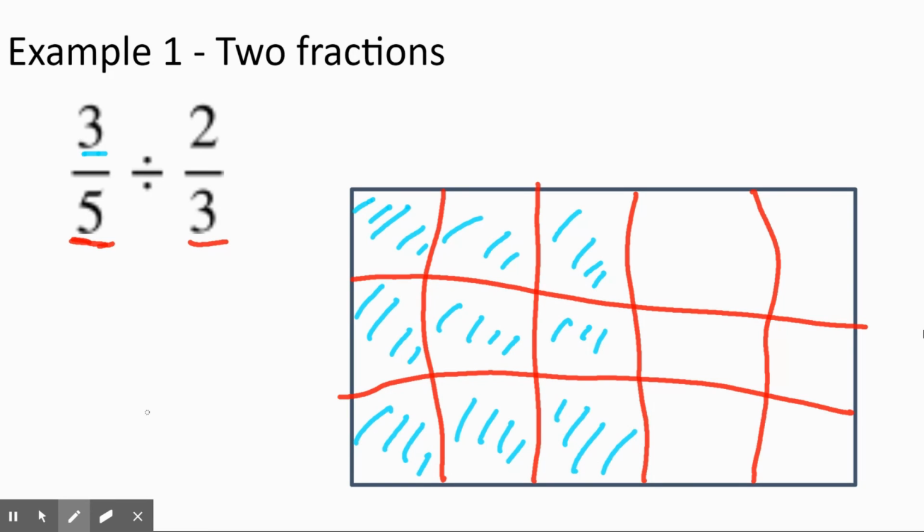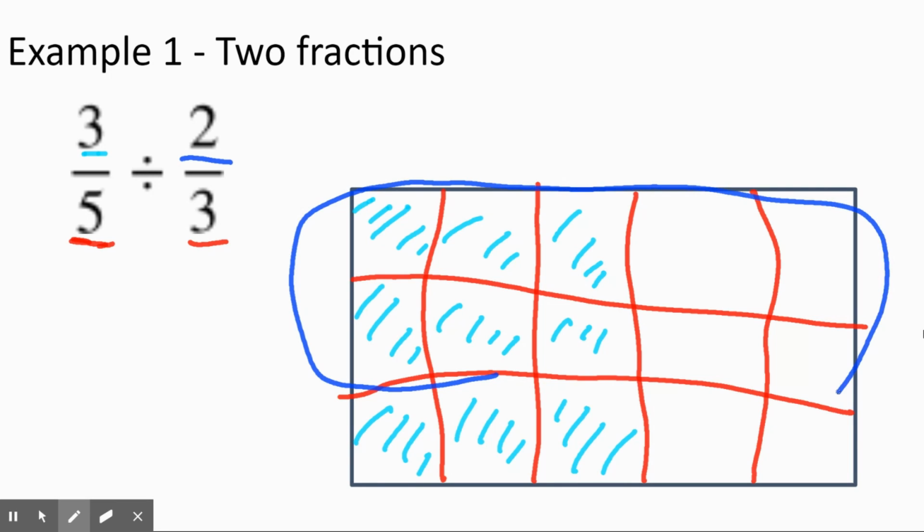With the numerator in the divisor, which is a 2, we're going to circle 2 of our rows. So we're going to circle them like so, and then we're actually basically done already. The very last step is we'll need to just count things up.